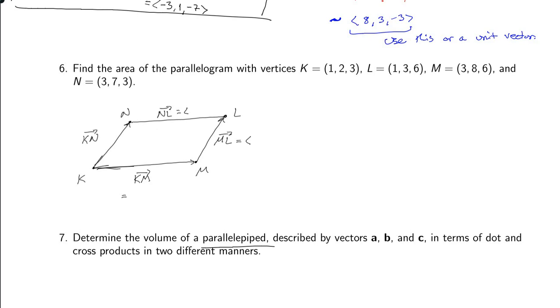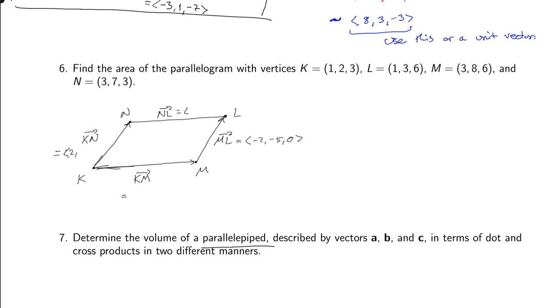3 to 1 in the x direction is -2. 8 to 3 in the y direction is -5. 6 to 6 in the z direction is 0. Let's go over K to N. 1 to 3 in the x direction is 2. Already I see that's not the same as -2.